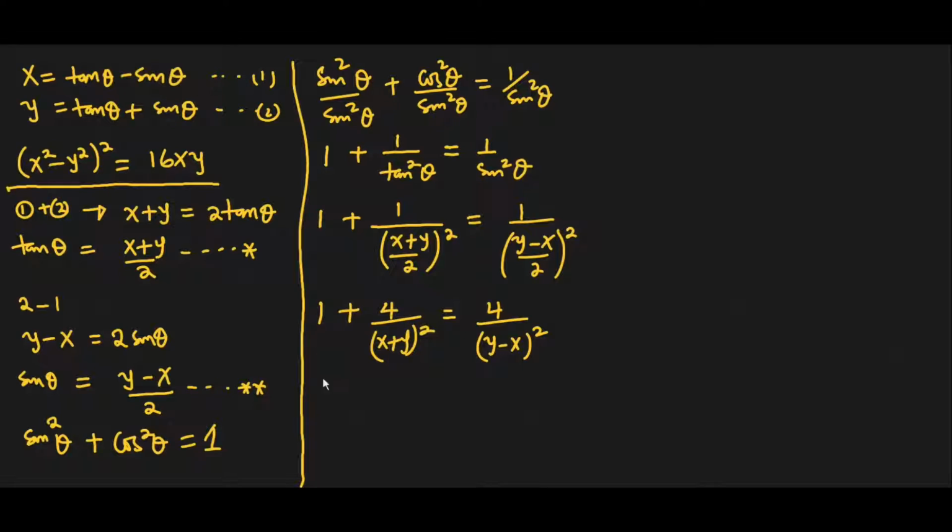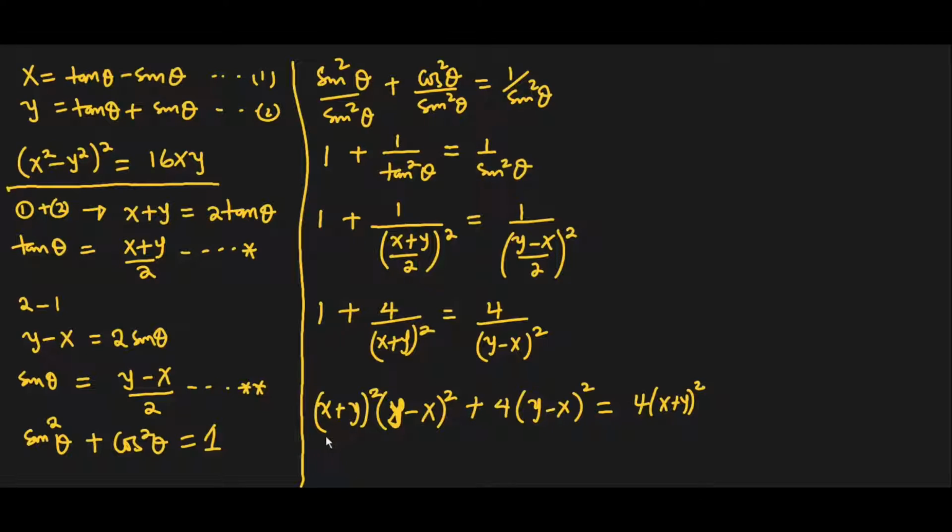And so this one is going to give us (x plus y) squared into (y minus x) squared, plus 4 by that, so it's going to be 4 into (y minus x) squared, is equal to 4 into (x plus y), everything squared.